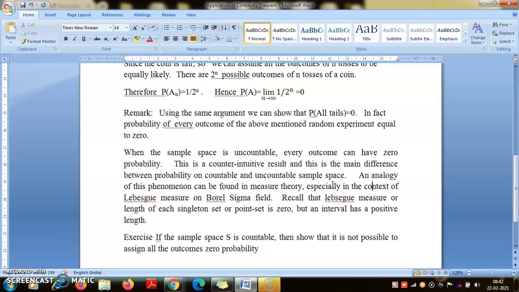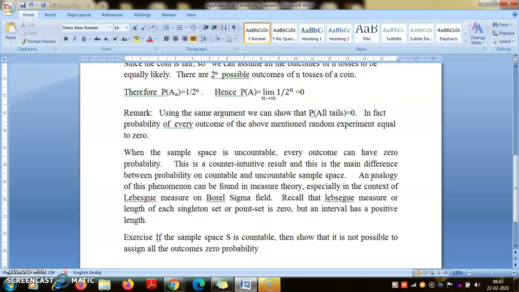But what is the Lebesgue measure of an interval? That is positive, b minus a. So we have seen in measure theory that when the underlying set is uncountable, you can have point sets having 0 measure, but uncountable subsets having positive measure.